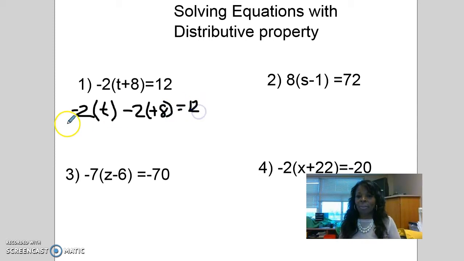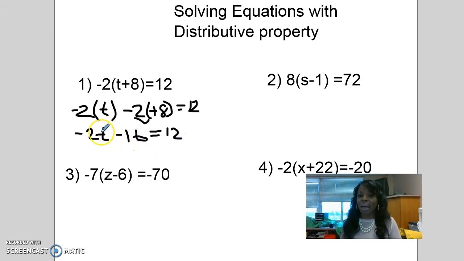Next step, evaluate. -2 times t, -2t. -2 times positive 8. So we have 8 -2s, so that's going to give us 16 negatives. All of that equals 12. So now again, when we're solving an equation, the goal is to find out what the variable is. So what's in the way of that?